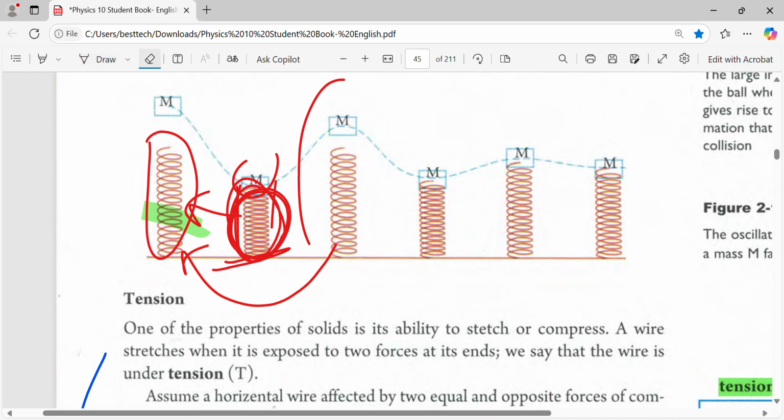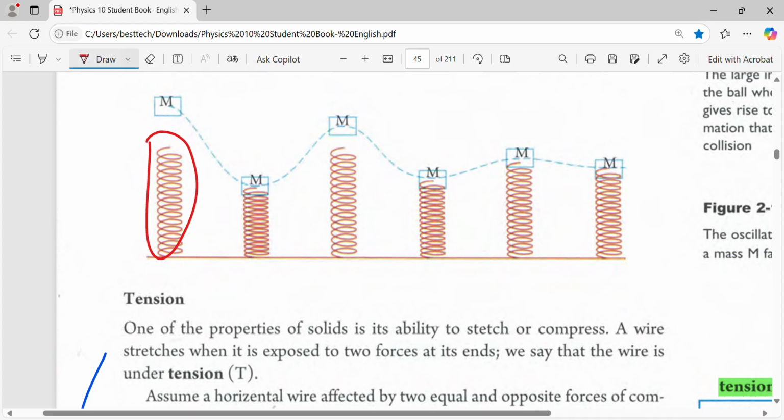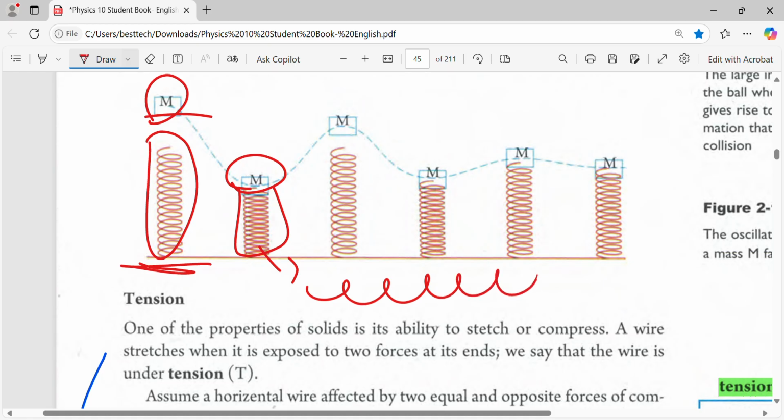Guys, I'm going to repeat again. Look, we have a spring without putting any mass or object on it. A normal spring. After a while, I put this mass on this spring. Look, the structure is compressed. It's like if you have a spring and you'd like to compress it, you apply force in both directions.